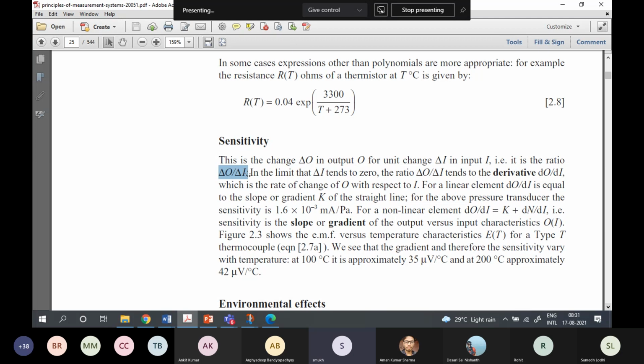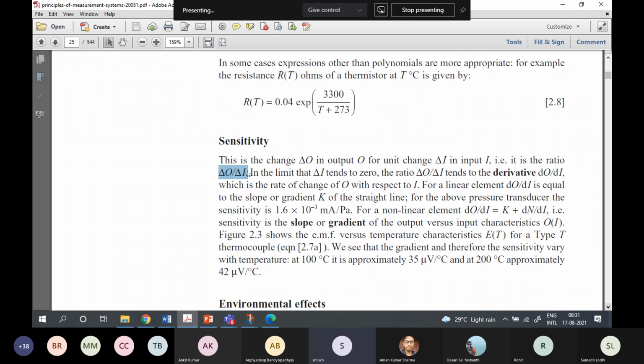You can probably measure a value to a very low resolution. That's true. But similarly, you will not be able to measure something with a very large range if you have a very high sensitivity, because typically the range of the output that you are going to produce out of the measurement system is going to be restricted.